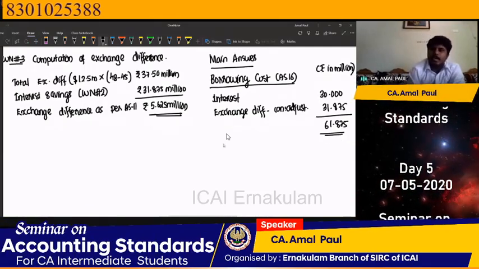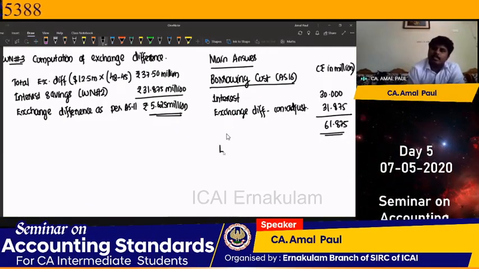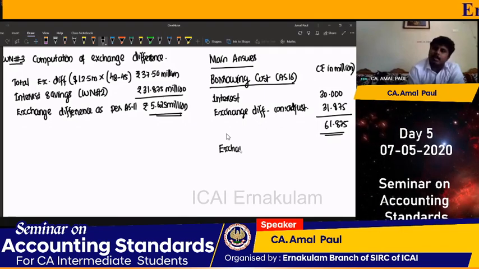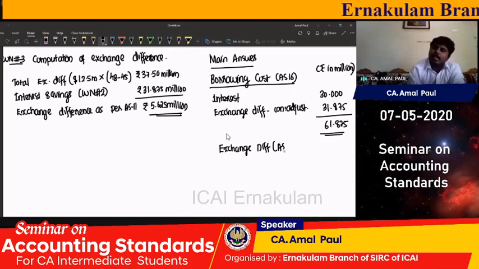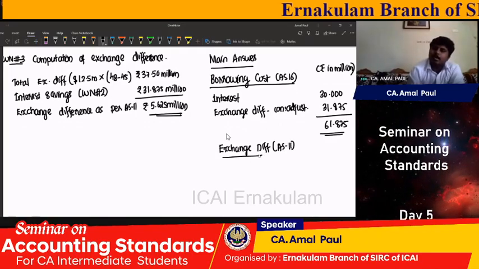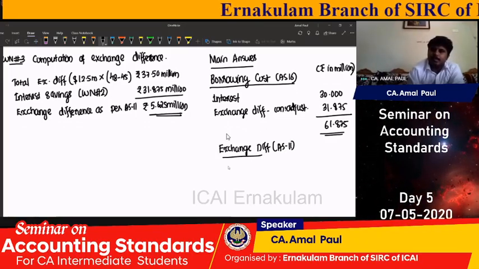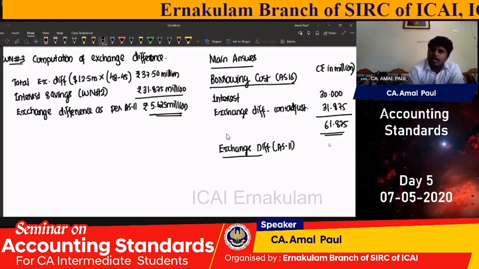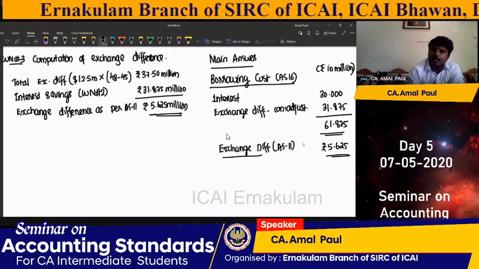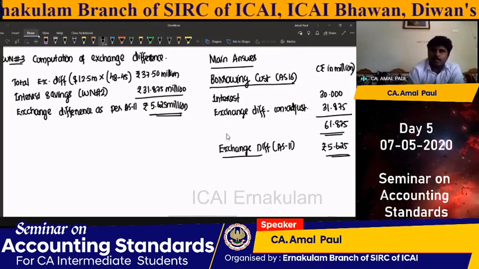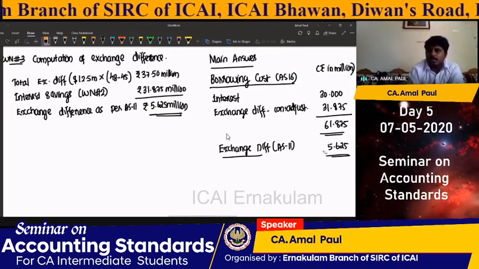Then your exchange difference as per AS 11 is nothing but 5.625 million.